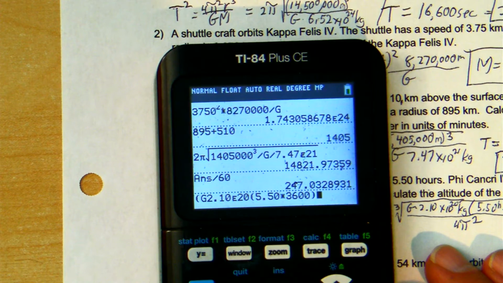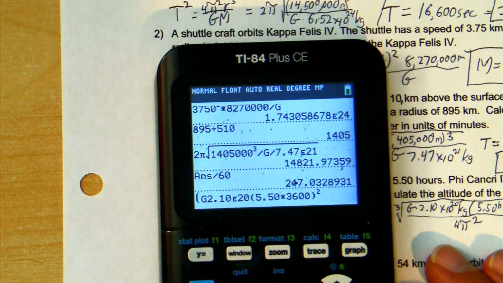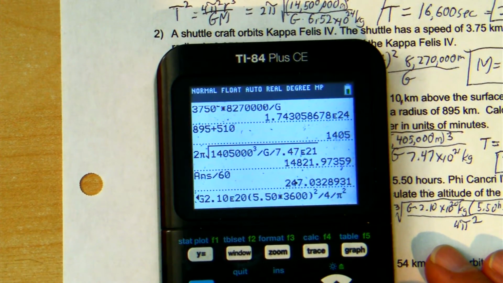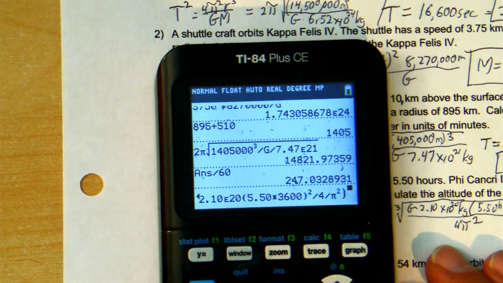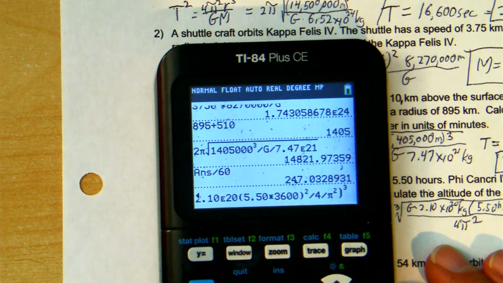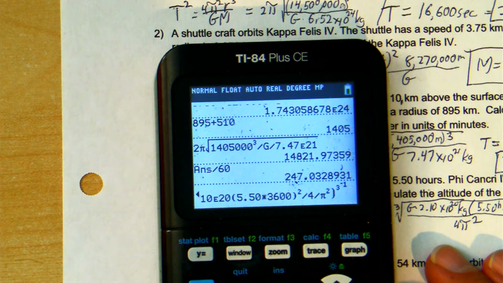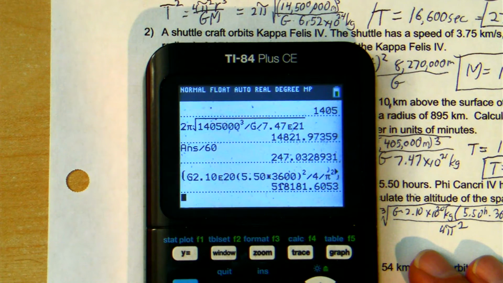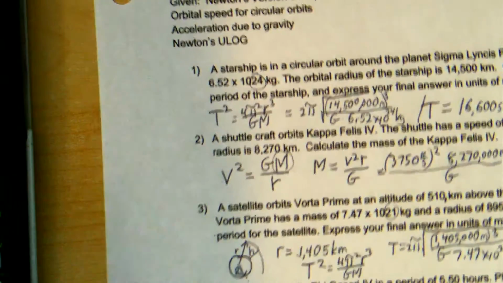Close parentheses on that one. Square it. So GMT squared divided by 4 divided by pi squared. Close the outer parentheses, raise the whole thing to the 3 to the inverse 1 power, and you get a radius of 518,000 meters, 518 kilometers. Okay, well, that's nice to know.